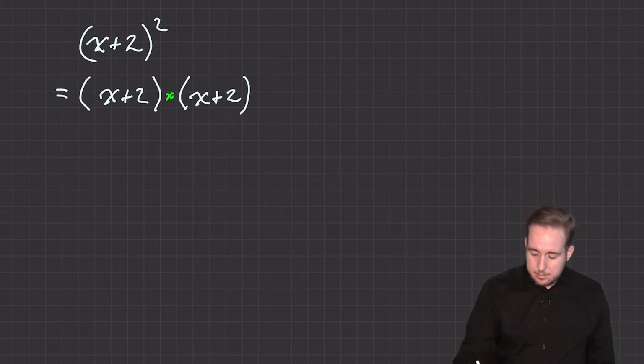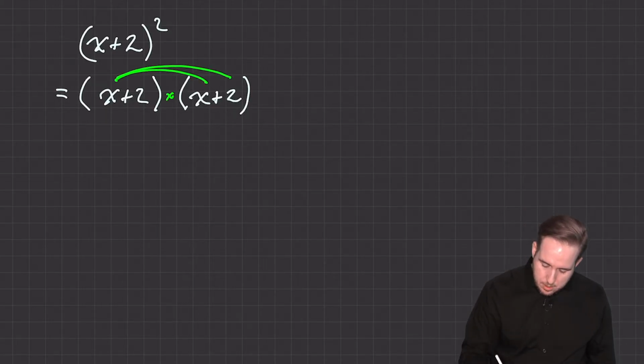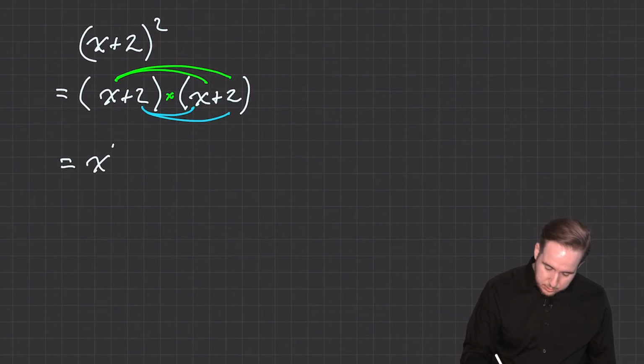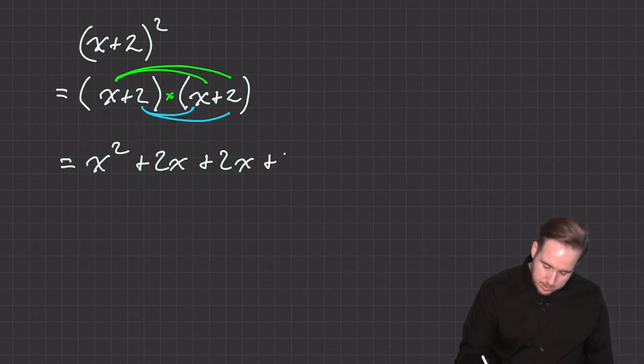So now that I've written it out the long way, now I can see, oh, from there, 1, 2, from there, 1, 2. That's good. So now x times x, x squared, x times 2 is plus 2x, 2 times x is plus 2x, and 2 times 2 is plus 4. There are like terms in the middle.